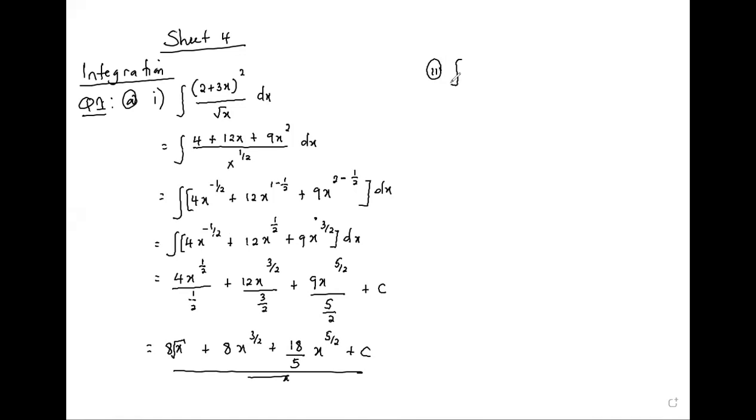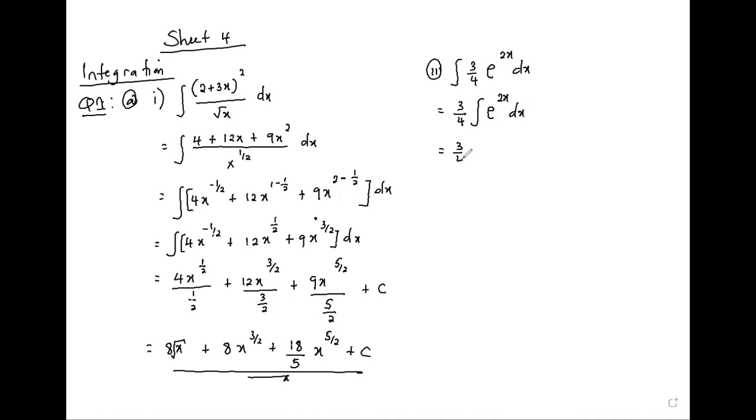The integral of 3 over 4 e to the power 2x dx. We're now dealing with an exponential function. When integrating, the constant 3 over 4 can come out of the integral. At this point, you differentiate the power for e.